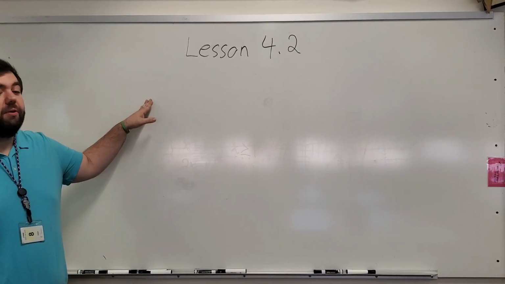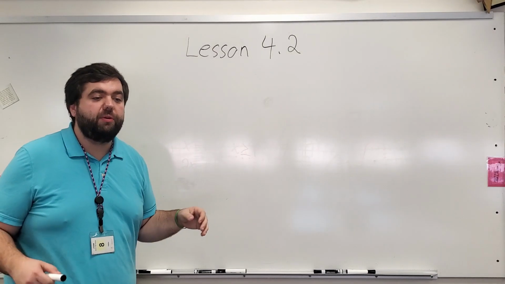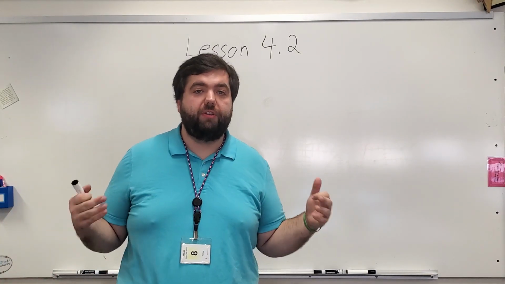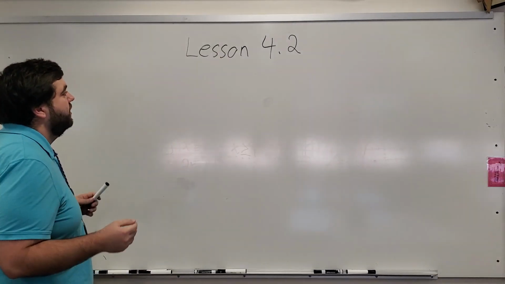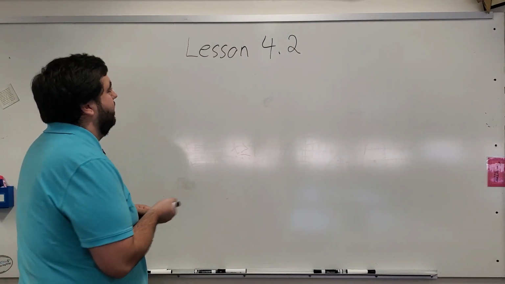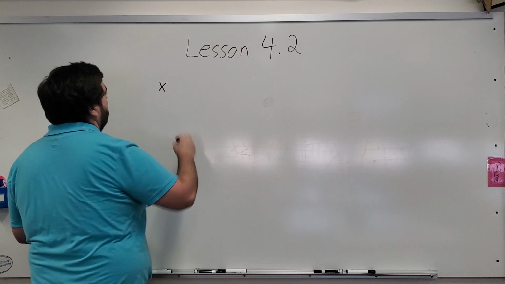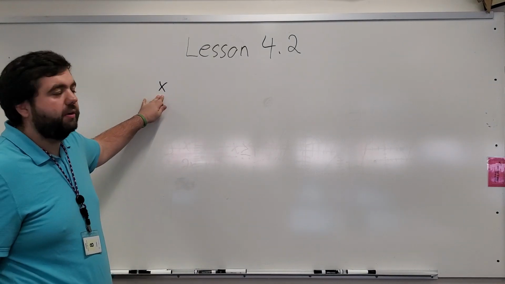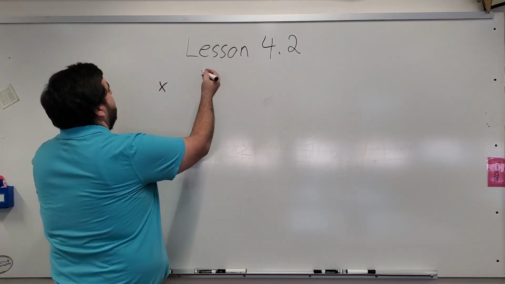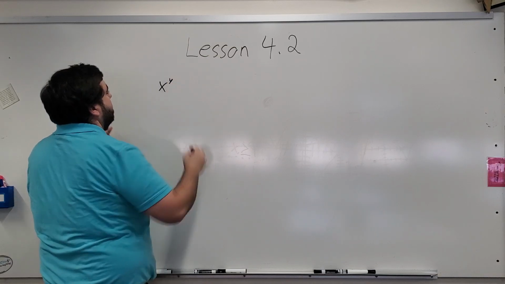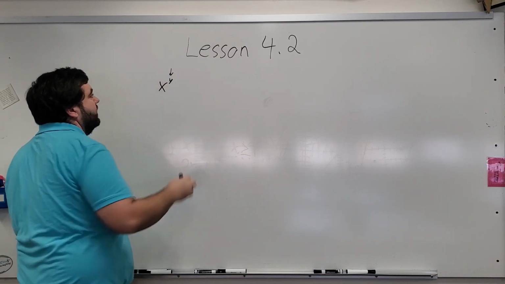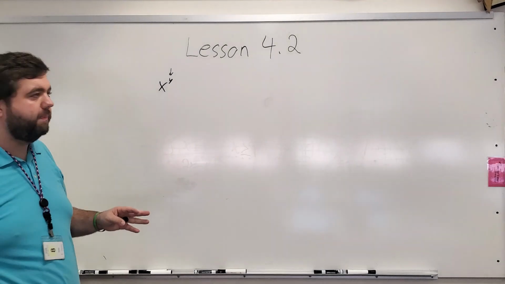Alrighty guys, so now we're on to 4.2, and this was our rules of exponents, right? So first thing we need to know is what is an exponent? Well, an exponent is when I have some number, we're going to call it x, and it's raised to a power, right? This y is my exponent, okay?